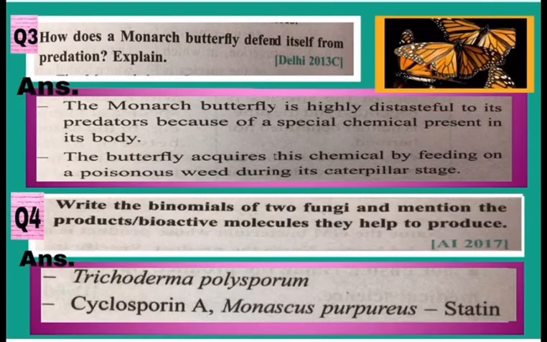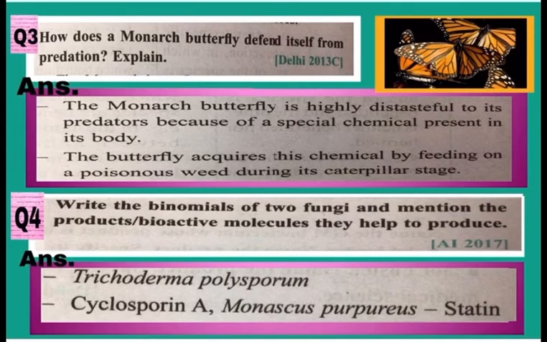Question number 3. How does a monarch butterfly defend itself from predation? Explain. Monarch butterfly is highly distasteful to predators because it has a special chemical present in its body.